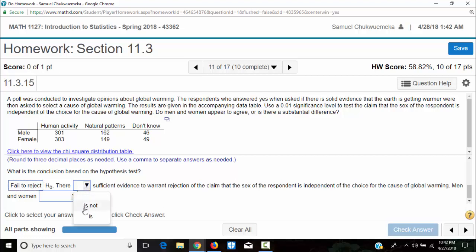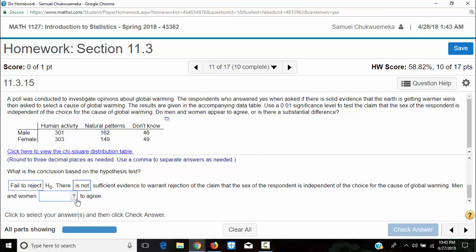There is not sufficient evidence to warrant rejection of the claim that the sex of the respondent is independent of the choice for the cause of global warming. Remember, we do not reject the null, so the sex of the respondent is independent of what they say is the cause of global warming.